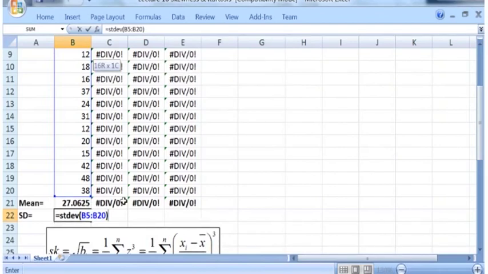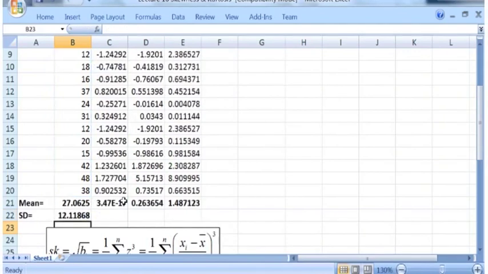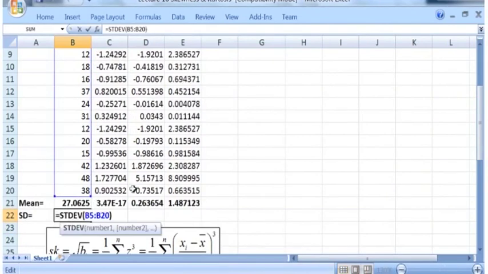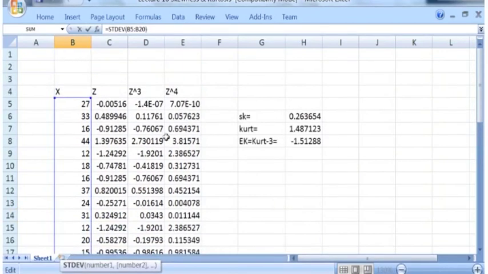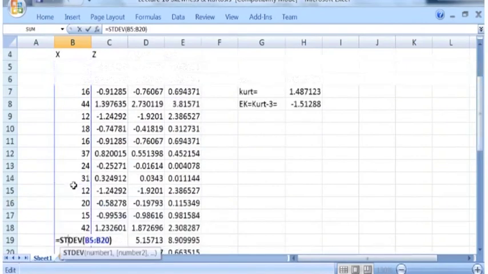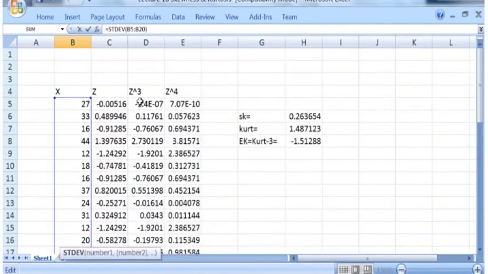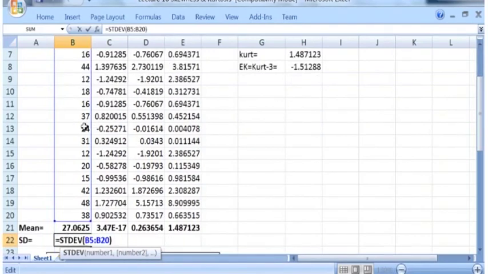So to calculate standard deviation using n, we have to adjust this formula using one simple trick. If we press enter, this is the standard deviation. It is obtained by subtracting the mean, which is 27, from each x value, then squaring the deviations, and then the sum is divided by n minus 1.